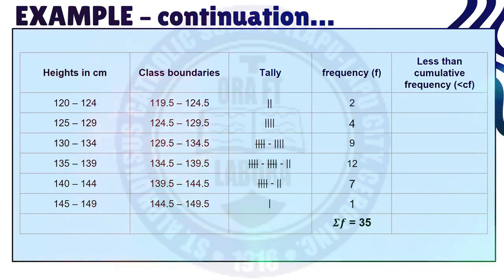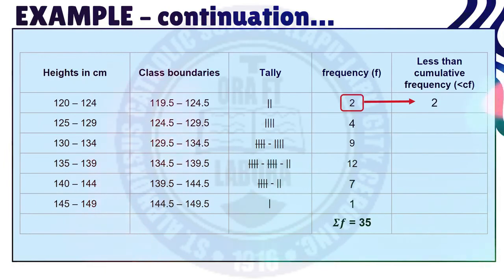So we will begin with the frequency of our lowest class. So the lowest class here is 120 to 124. So the frequency is equal to 2. Therefore, we will begin with 2. So we have to copy 2. And this will be our CF for the first class.